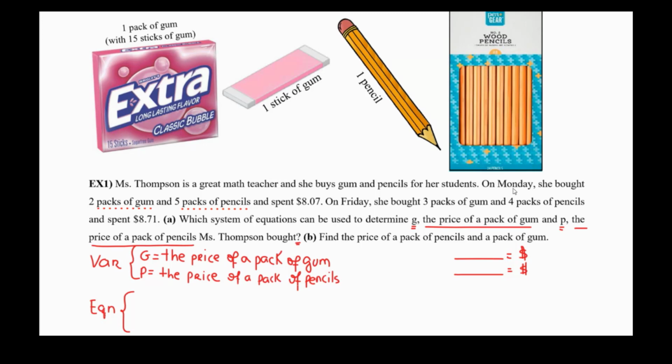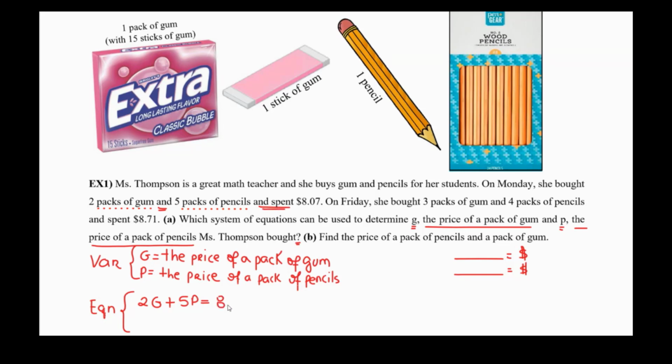And the second phrase says on Monday she bought 2 packs of gum. So let's write 2G. Then it says and, that means plus, 5 packs of pencils, so 5P equals, in other words, she spent $8.07.